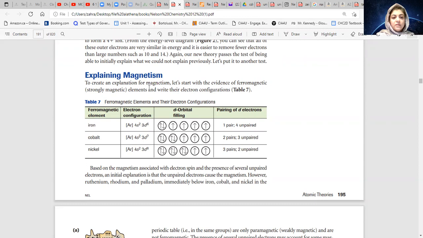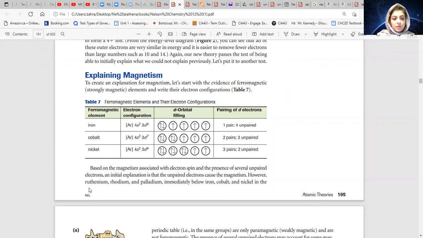To create the explanation for magnetism, let's start with the evidence of the ferromagnetic. Based on the magnetism associated with the electron spin and the presence of several unpaired electrons, the initial explanation is that the unpaired electrons cause the magnetism. When you have unpaired electrons, they can be free to be aligned in an external magnetic field.